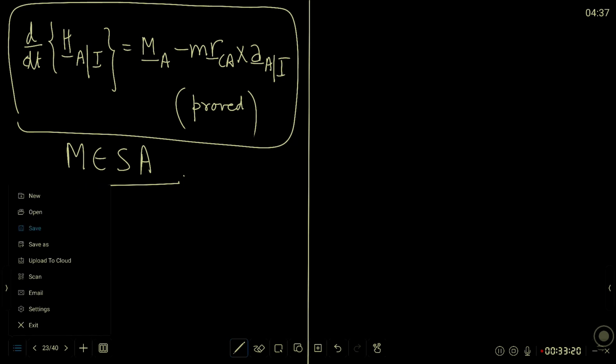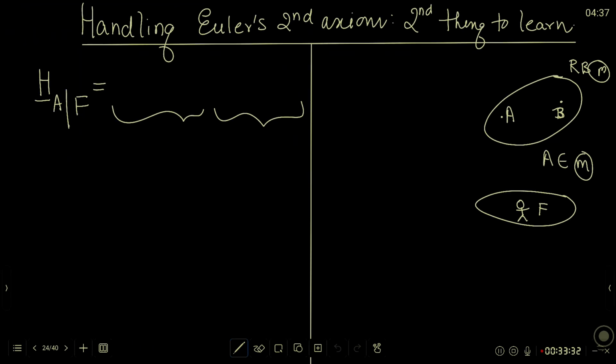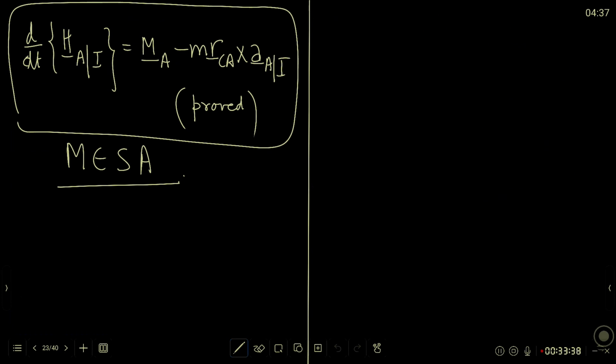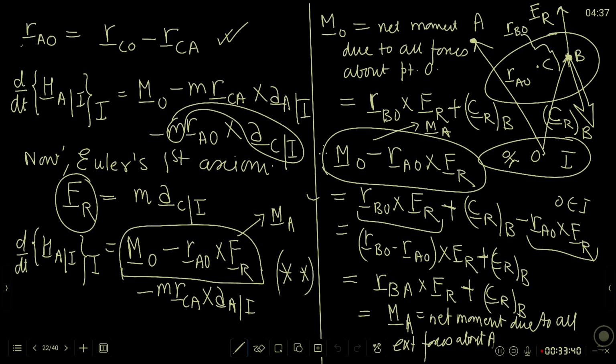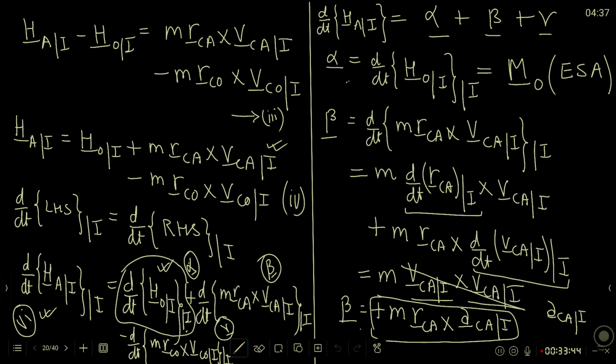Now, one item that I wanted to learn before solving Euler's second axiom, I have completed that. Coming back to the first slide, handling Euler's second axiom, first part is done.